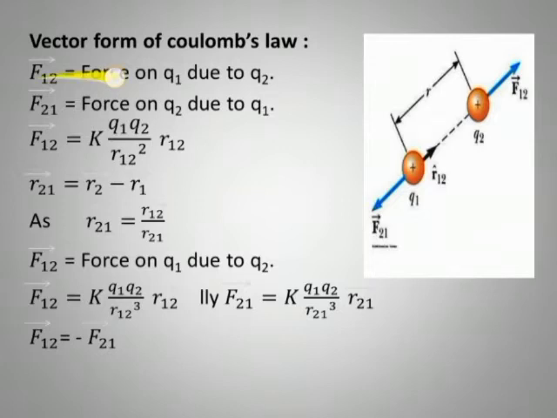It is telling you about the magnitude as well as direction. So they are telling you to give the vector representation of Coulomb's law. What do you mean by Coulomb's law? That is, you are finding the force between two charges. So now what we are going to do? We are going to keep the force in which form? In vector form. That's it.